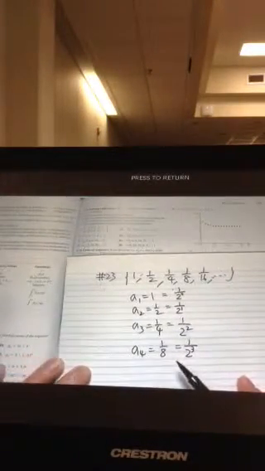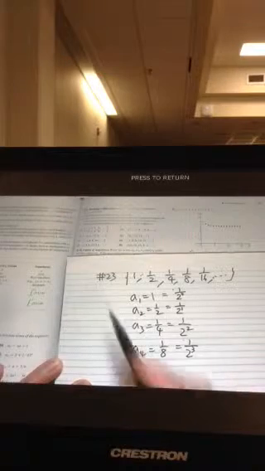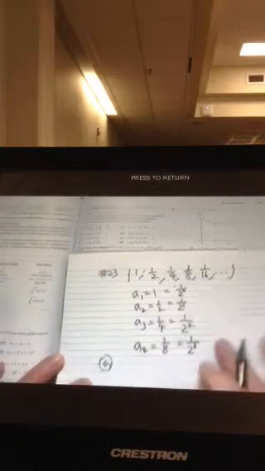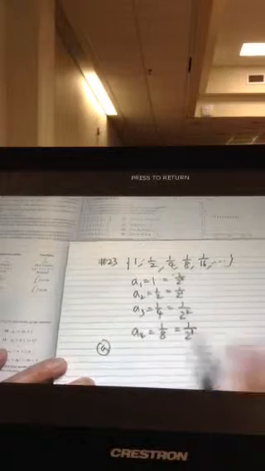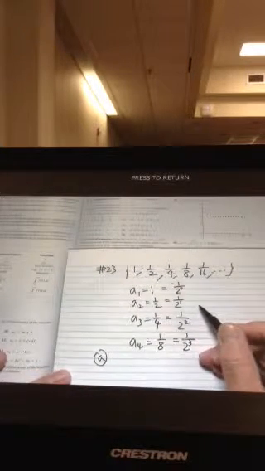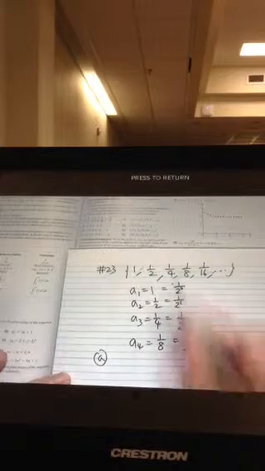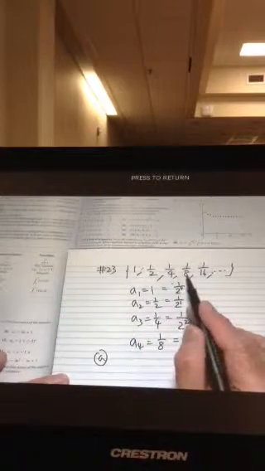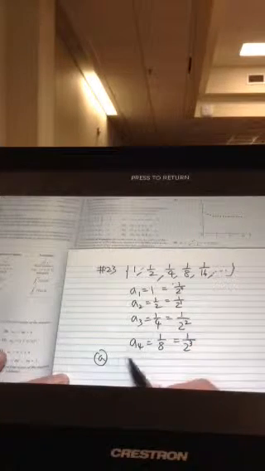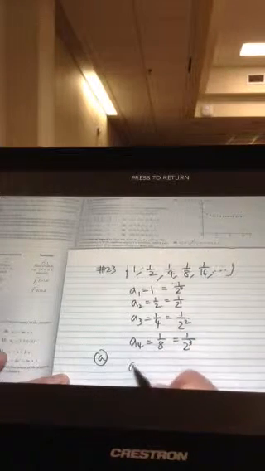So therefore, what's part A? The question is they want us to find the next 2 terms. Oh, okay, I already have it. Next 2 terms. So a1, a2, a3, a4, a5. The next 2 terms, right? So a6.